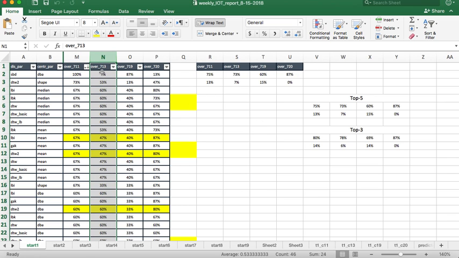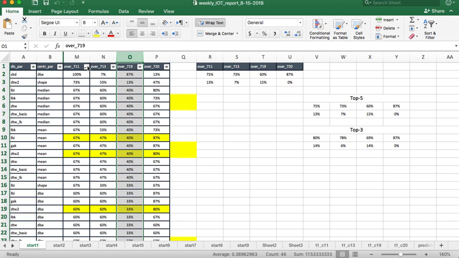Next column is over 713, basically overlap of Borg's rate, which was ID 7, and step distance standard deviation, which was ID 13. Next one is overlap of 7 and 19, where 19 was peak jerk, and the last one, column P, is overlap of 7 and ID 20, which was angle back.